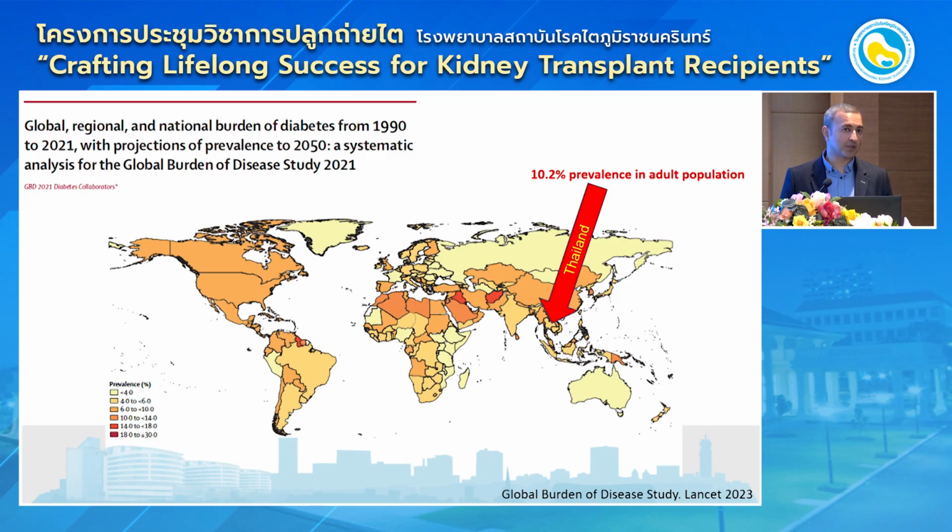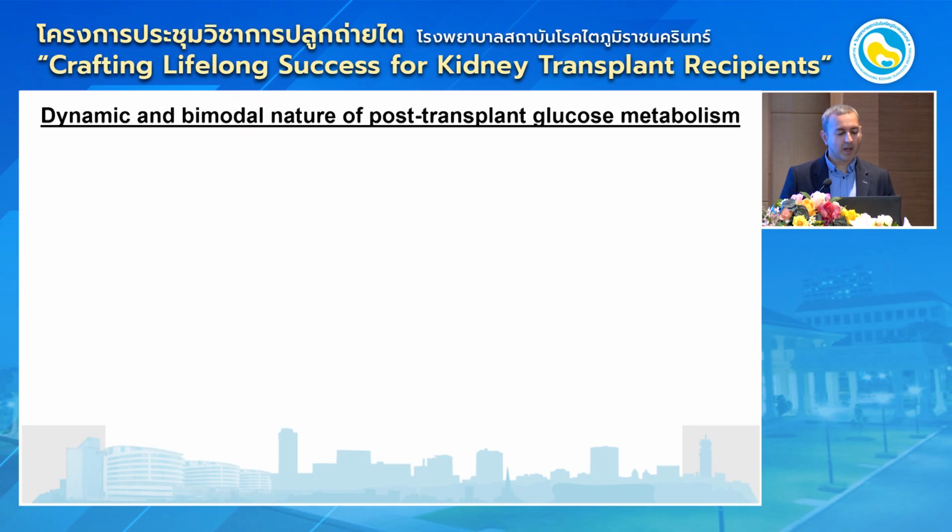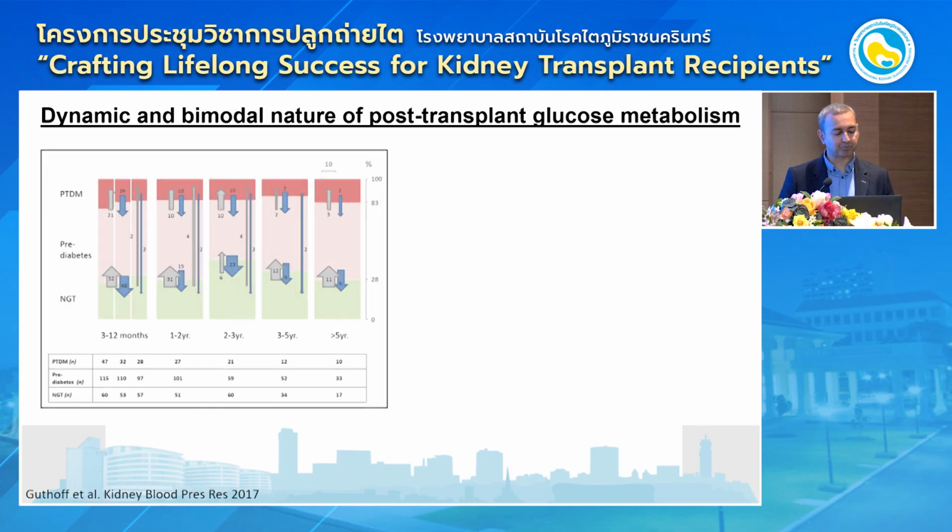In our population, something between 15 to 20% of people will develop post-transplant diabetes in the first year. The thing to know about post-transplant diabetes is that it shares features of both type 1 and type 2 diabetes, but it has a very distinct pathophysiology. The American Diabetes Association now recognizes post-transplant diabetes as its own pathophysiological entity.